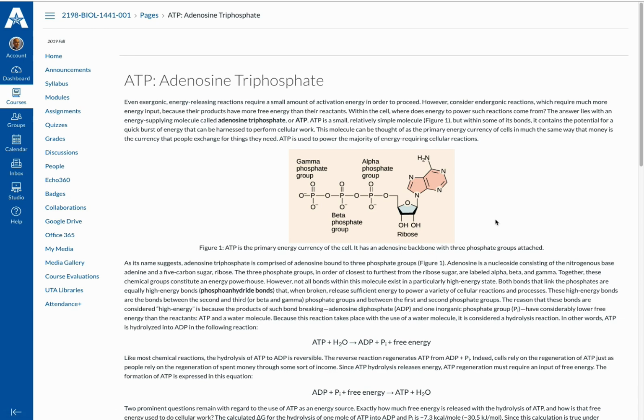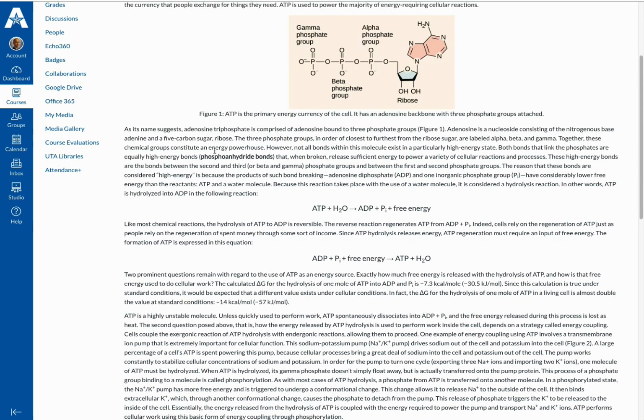So, like I said at the beginning, ATP is the energy currency of a cell. It's 3 phosphate groups attached to a ribose sugar and a nitrogen base. And these bonds between the phosphate groups are called phosphoanhydride bonds.